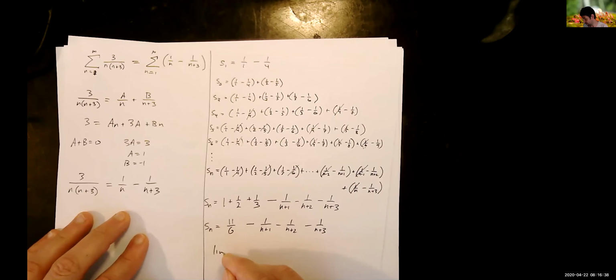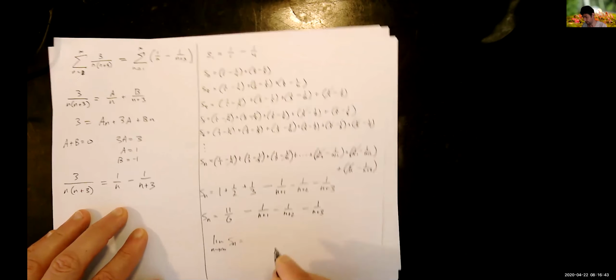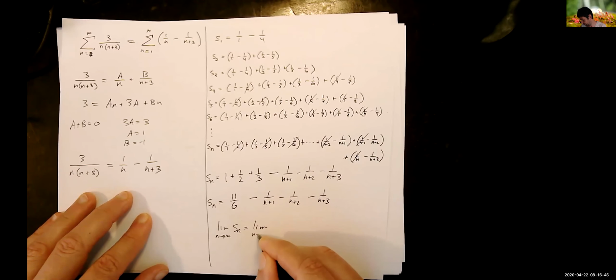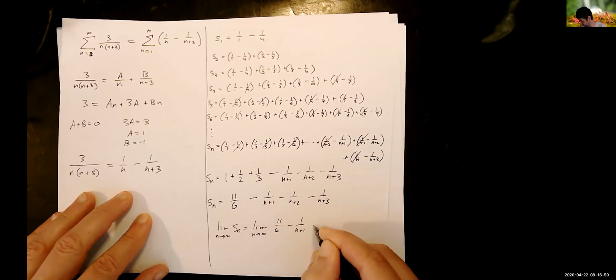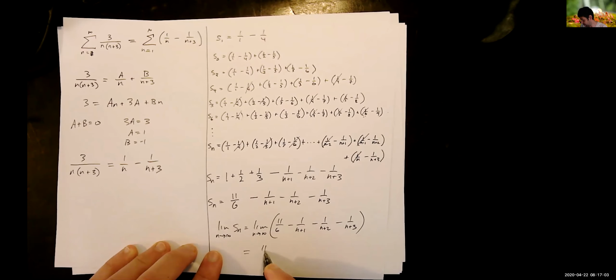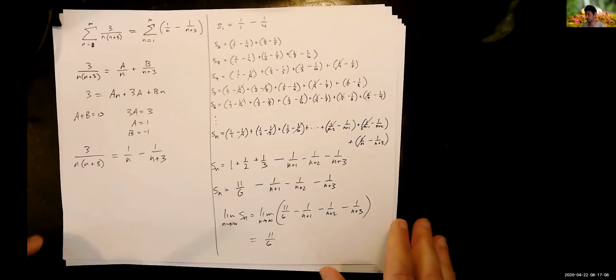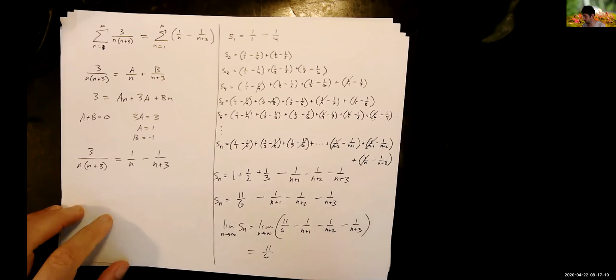So the limit as n goes to infinity of S sub n, or the limit as n goes to infinity of 11/6 minus 1 over n plus 1 minus 1 over n plus 2 minus 1 over n plus 3, right? Well, the limit of a constant, n changing doesn't change what this number is. Each of these goes to 0. We've got n in the denominator getting larger and larger, so the limit is just 11/6, okay?